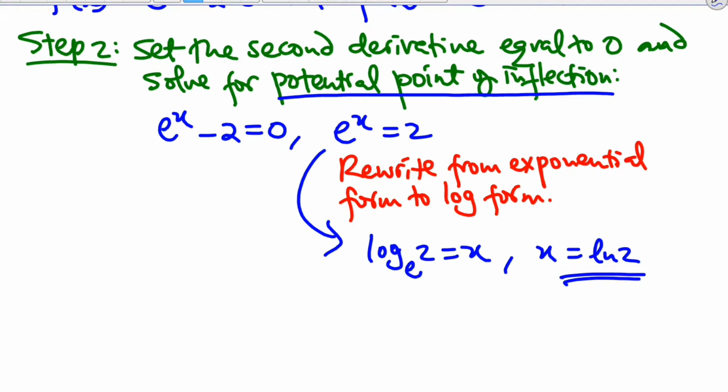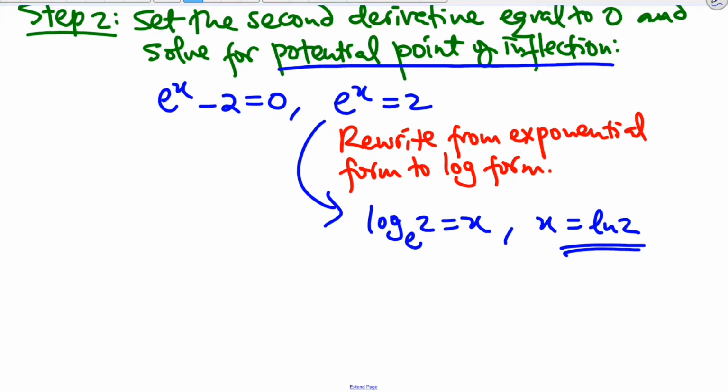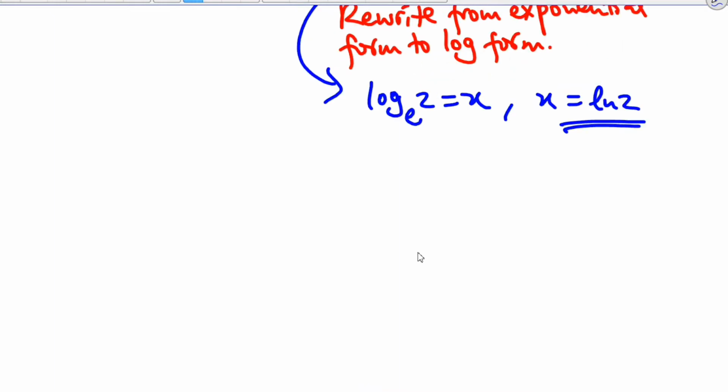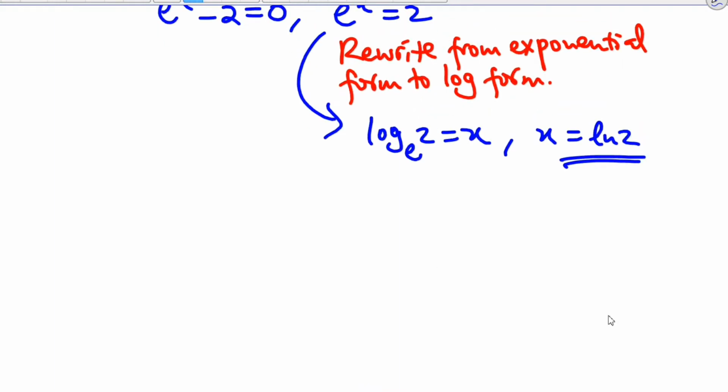We need to check for change in concavity, which leads us to step 3. Step 3 will be using the sign diagram to be able to check for change in concavity.